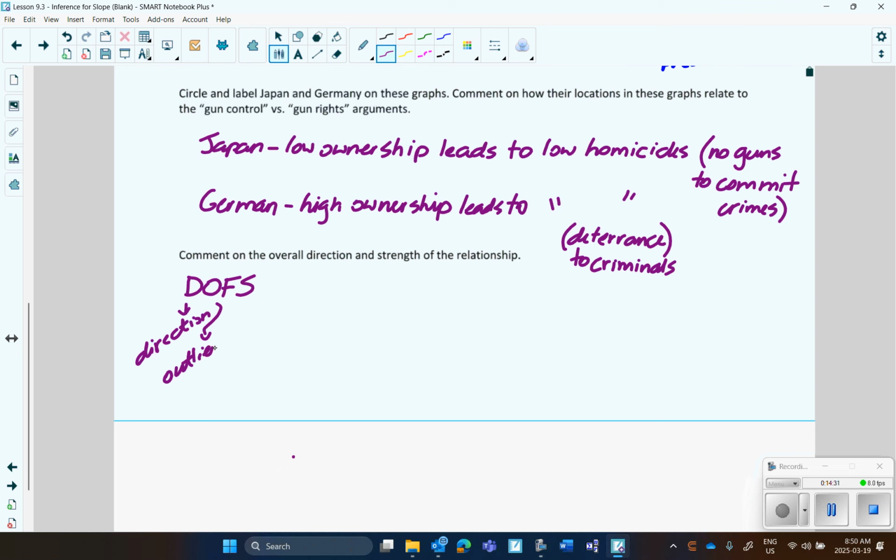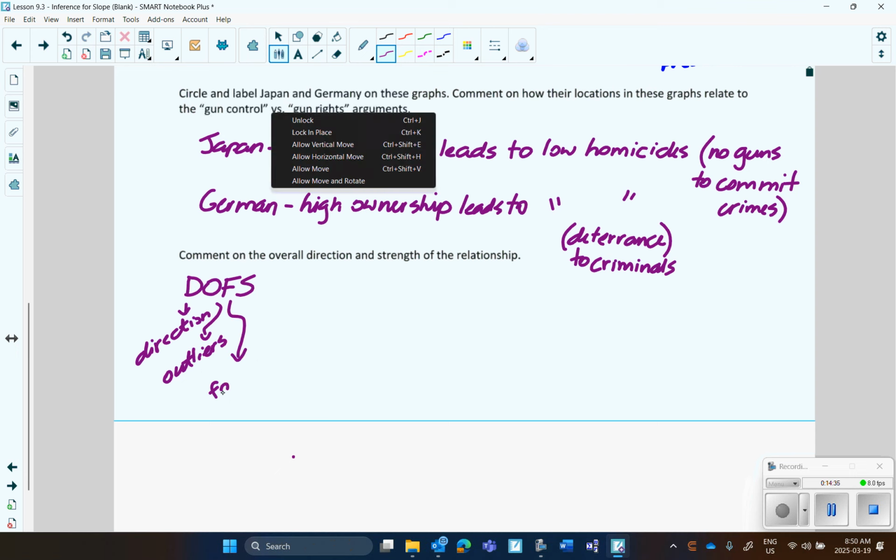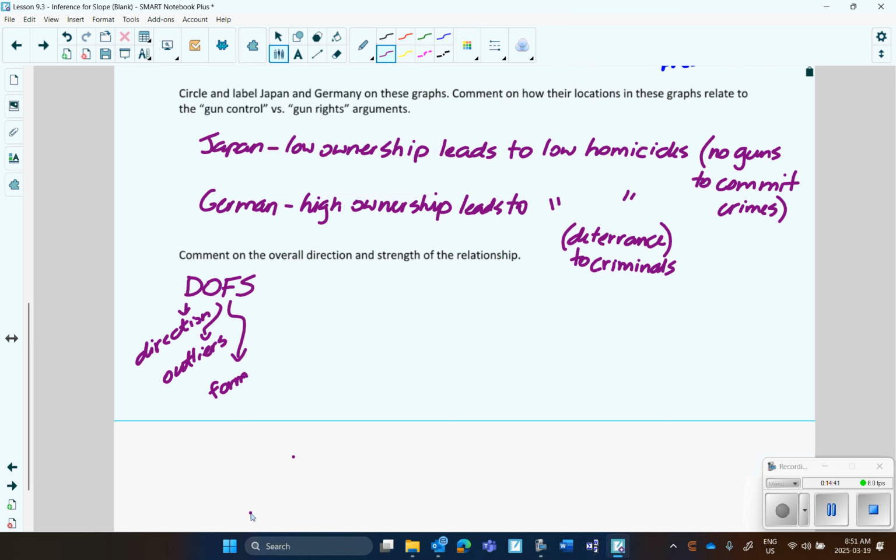This was the existence of any outliers. This was form, linear or nonlinear, or curve. And this was strength: how much of a line do the dots in the scatter plot form? We are only asked the direction and strength.